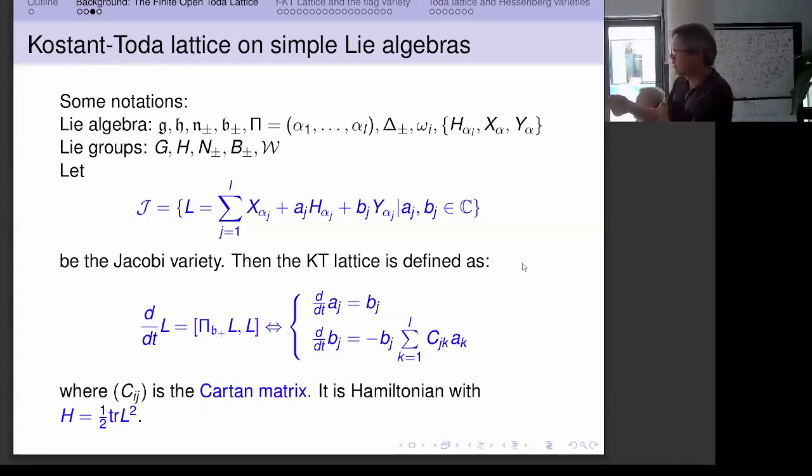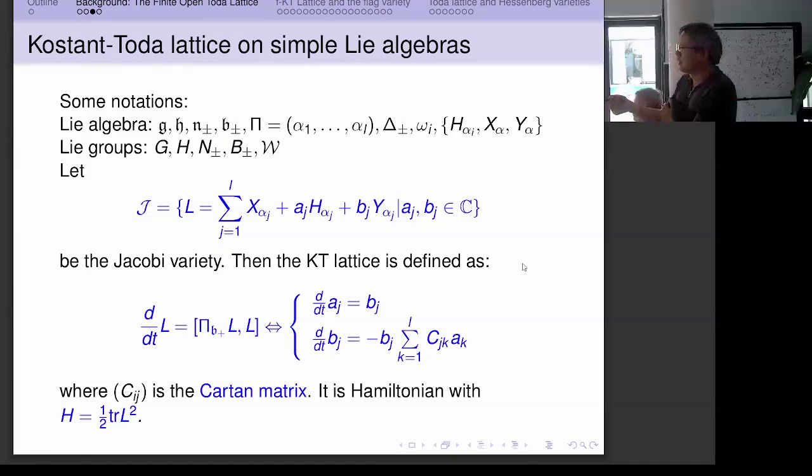So to do that, let me introduce some very standard notation in Lie theory. The first line is about the Lie algebra, the second line is about the corresponding Lie groups. g is the Lie algebra, semisimple; h is the Cartan, n_± is the nilpotent part, and b_± is the Borel, which is basically the sum of h and n_±.